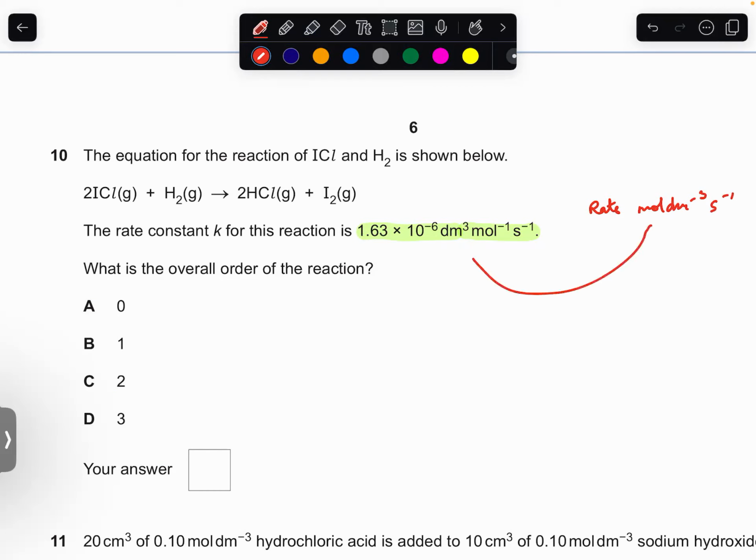To get that, you would need to divide by concentration squared. Where has that concentration squared come from? It's come from the rate equation, and that means the overall order of reaction is going to be 2, because you look at the powers. And so the answer will be C. Yep, that's correct.